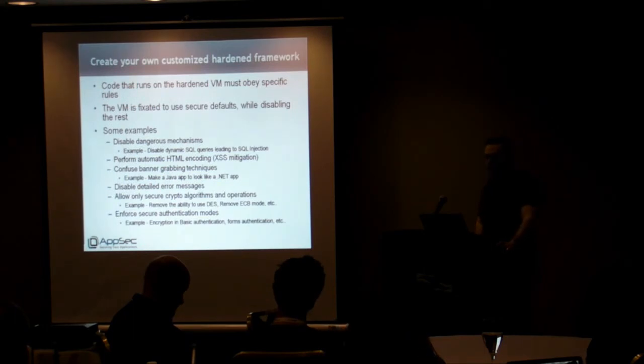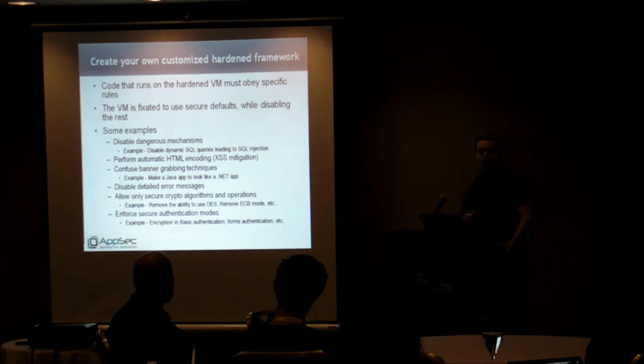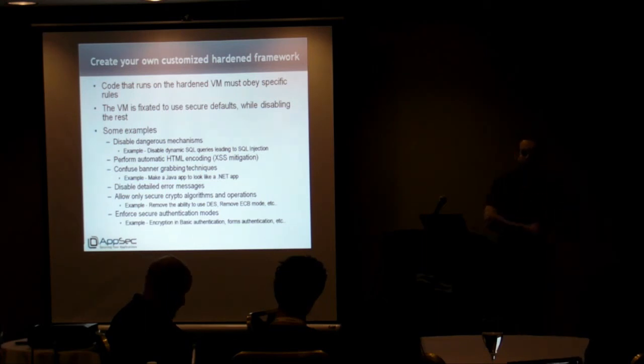So we can actually restrict some kinds of dangerous operations. Developers will always make mistakes, right? Even though we tell them millions of times, do not use dynamic commands, in order to prevent SQL injection, do use HTML encoding, they will always make a mistake.